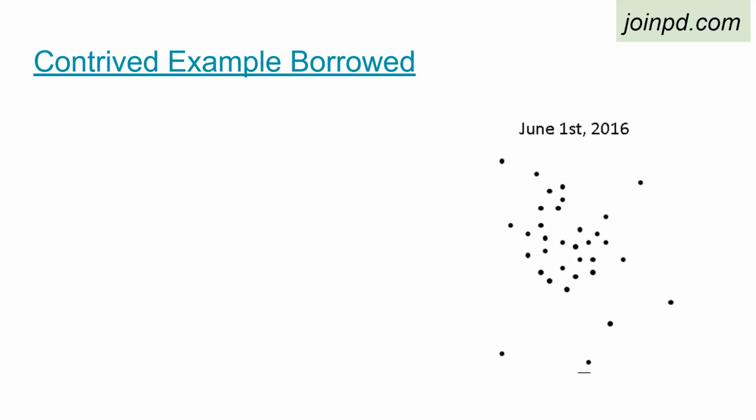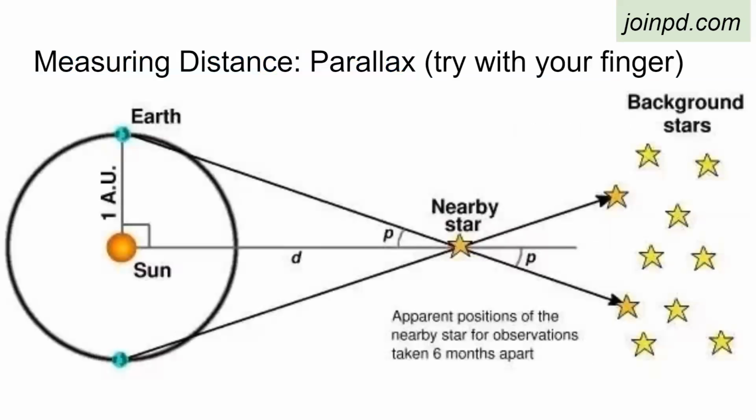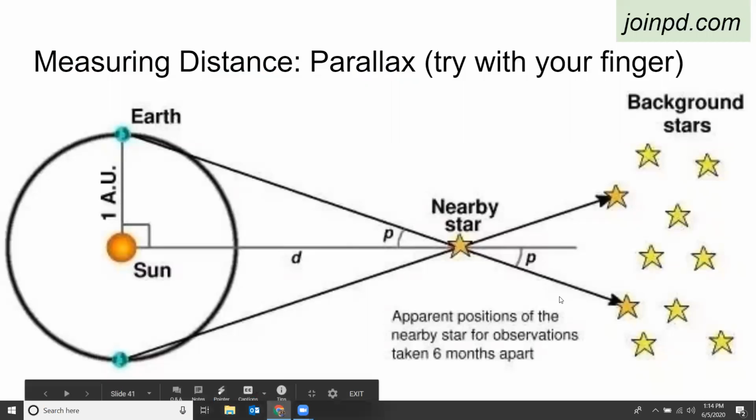And here's the key to this whole game that we play. If we say we are 1 astronomical unit away from the sun, we can now say how far away that star is in terms of astronomical units, in other words, solar distances, us from the sun. All we do is compare it to that solar distance.